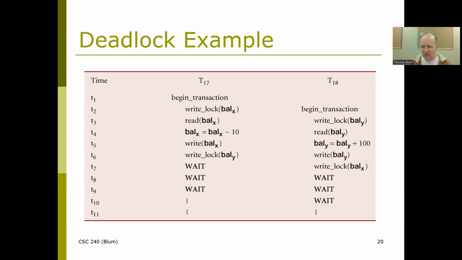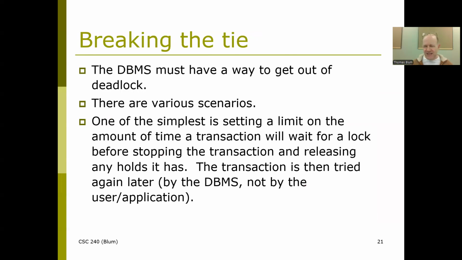When 18 wants X, it sees it's already locked by 17. And they're both in this infinite waiting game. And so a database has to have a way to deal with that.